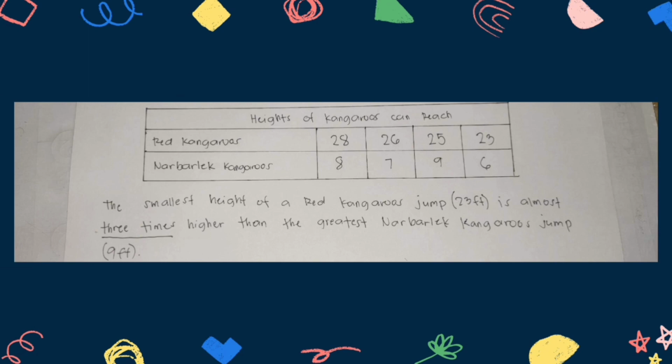So we have our table here. Heights of kangaroos can reach. Red kangaroos, we have 28 feet, 26 feet, 25 feet, and 23 feet. So narbarlek kangaroos, we have 8, 7, 9, and 6 feet. So based on this table, we can say that the smallest height of a red kangaroo's jump, 23 feet, is almost 3 times higher than the greatest narbarlek kangaroo's jump of 9 feet.